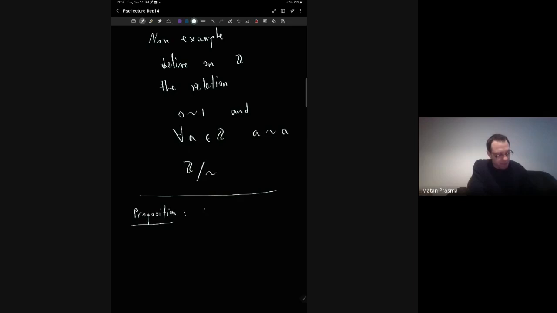The integers modulo the equivalence relation of modulo n is a ring with respect to the induced binary operations of addition modulo n and multiplication modulo n.